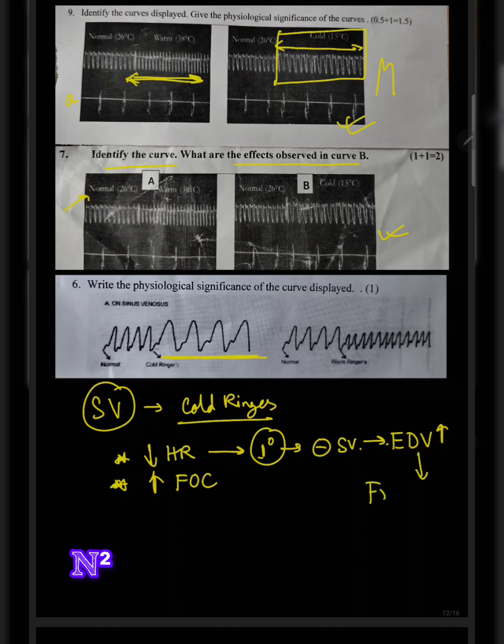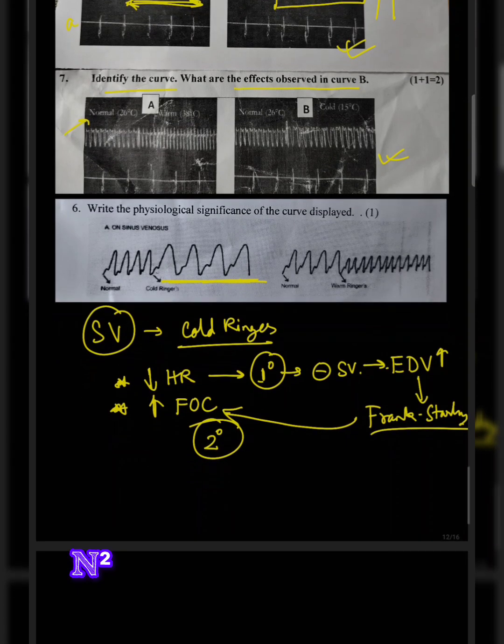The Frank Starling law will come into play, and we know as the initial length of the muscle increases, the force of contraction increases. Now we get this effect. So the secondary effect is the increase in force of contraction. So in cold Ringer, in the sinus venosus, we will get an increase in force of contraction, which is a secondary effect, the primary effect being the decrease in heart rate.